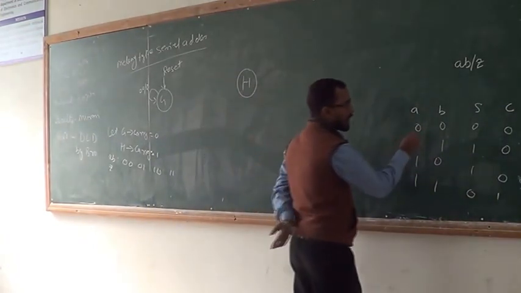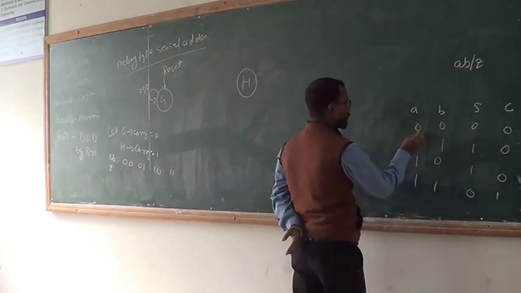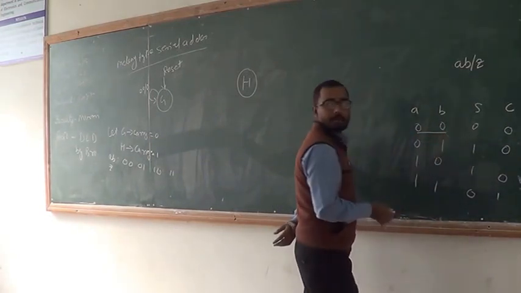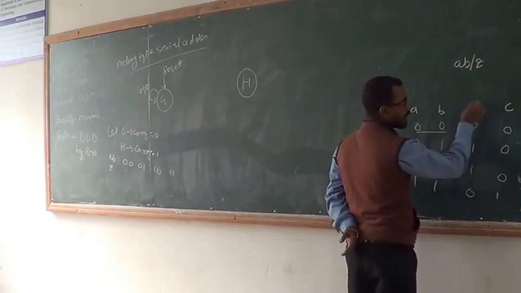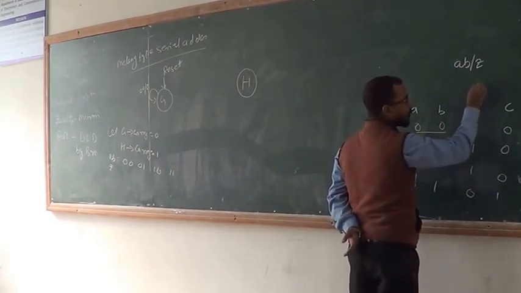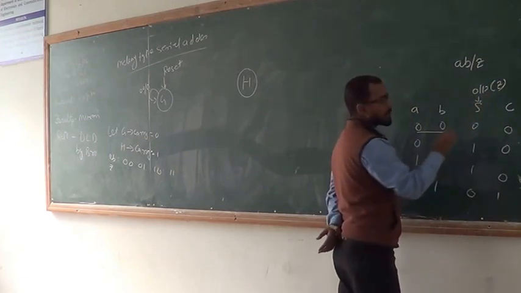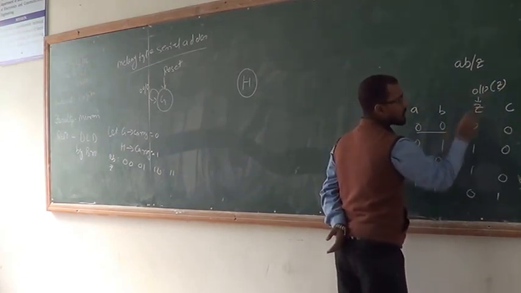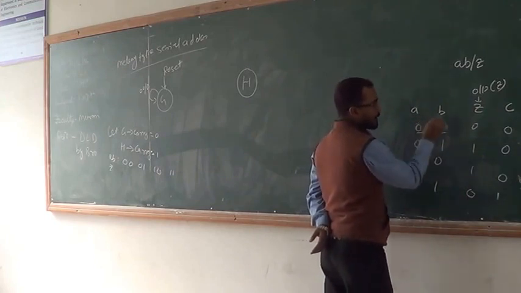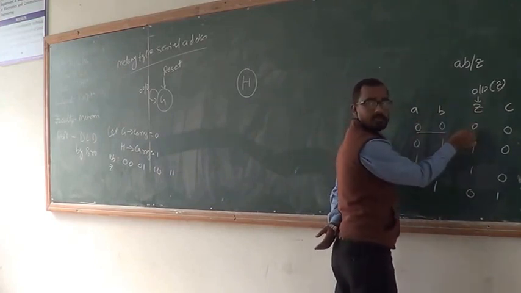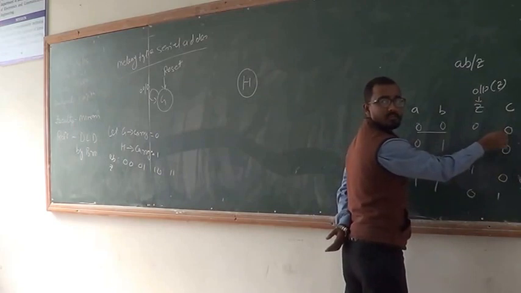If at state G, 00 comes, then what will happen? The sum is considered as the output, that is Z. Okay, sum is Z. When AB is 00, then output is 0 and the carry is 0.